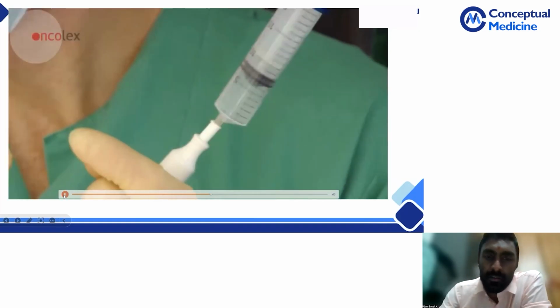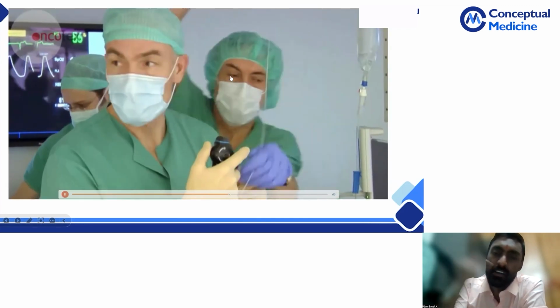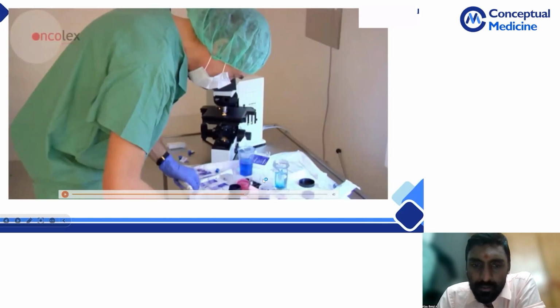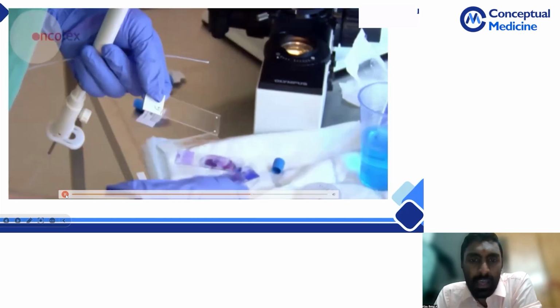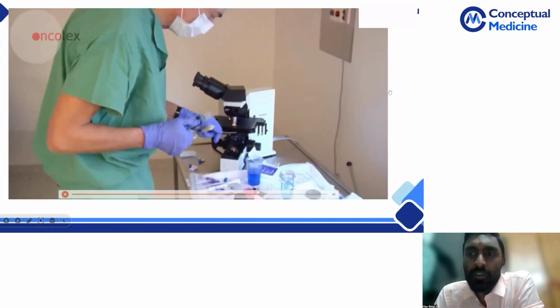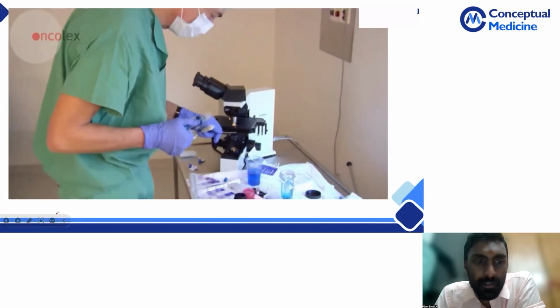Okay. So after you have applied multiple passes, they just agitate continuously, and then you put it on a slide. You place it on a slide, and on the table itself you can do this. So that is what is called ROSE, rapid on-site evaluation.